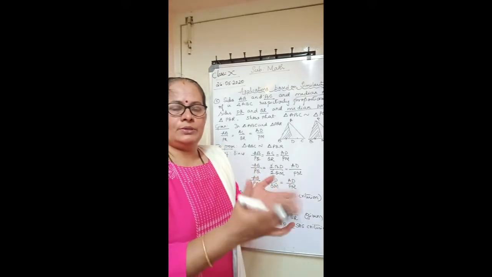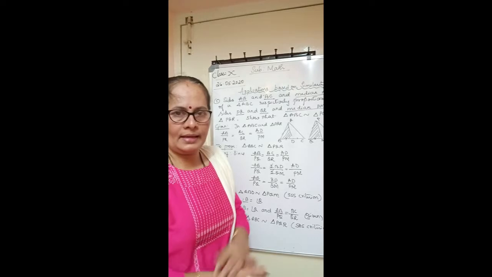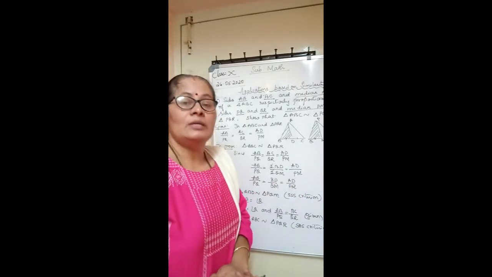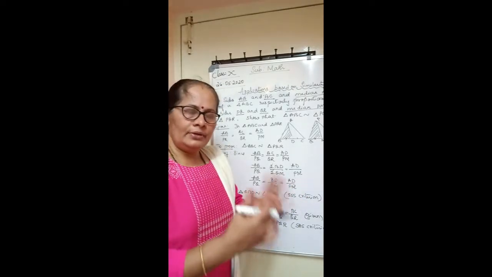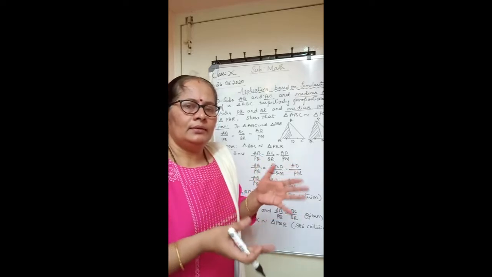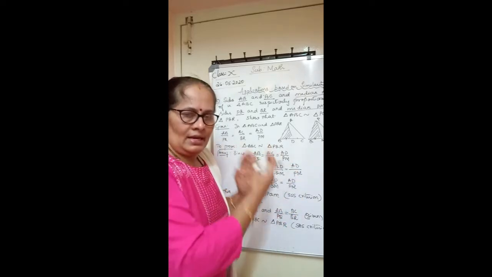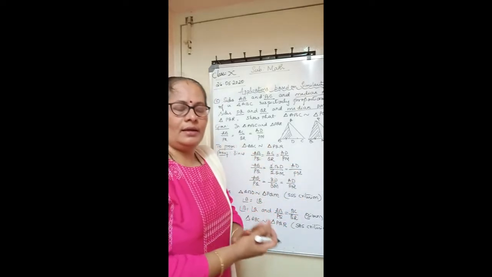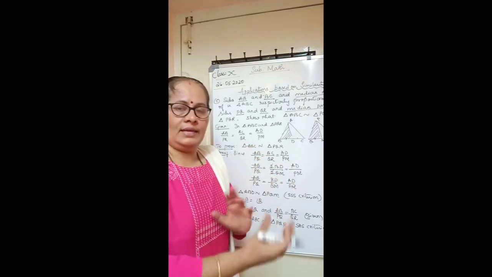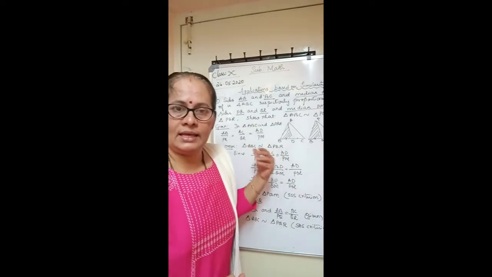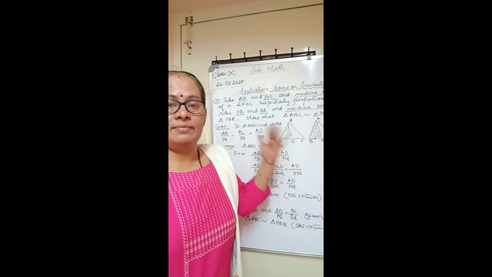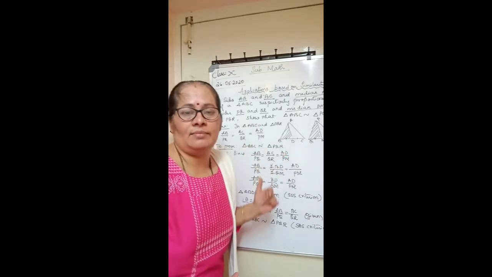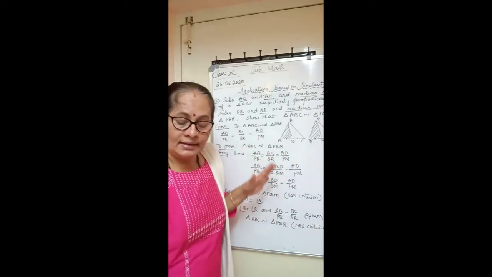Why? Because two dimensions are multiplied, so the unit will always be square units. So we will see that in this theorem, areas of similar triangles.